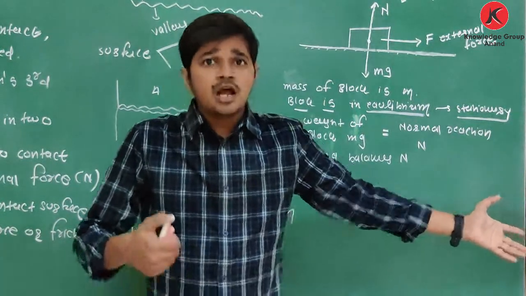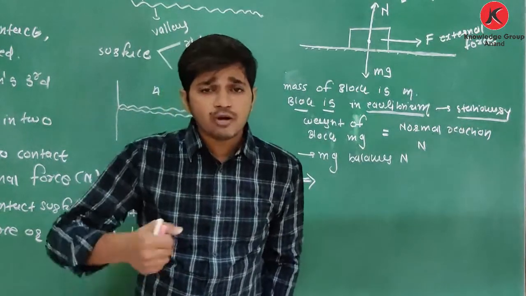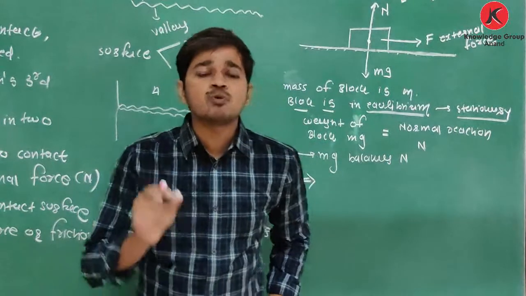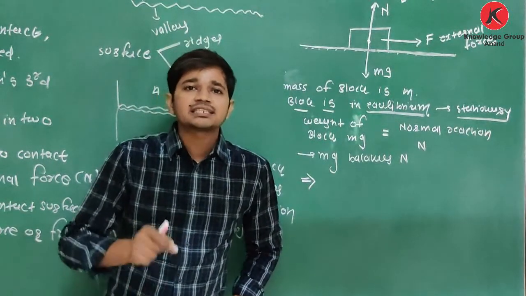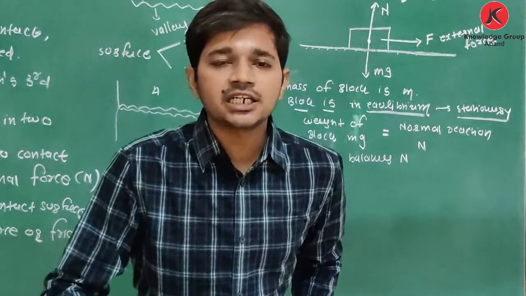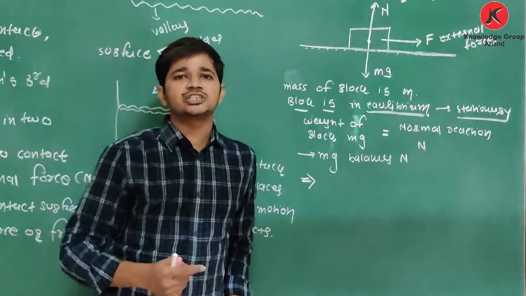According to Newton's third law of motion, or according to equilibrium of a particle, there must be some force which acts in the opposite direction. If the resultant becomes 0, then it will be in stationary condition.